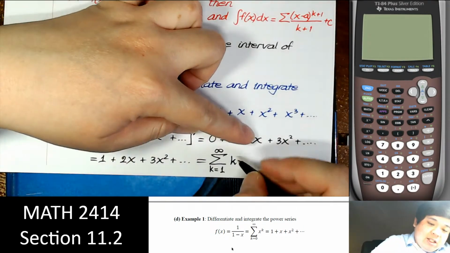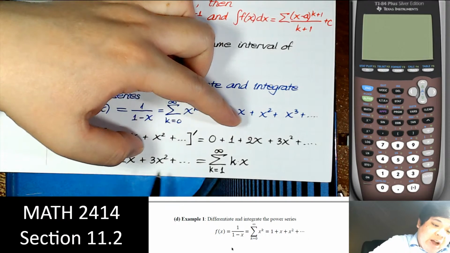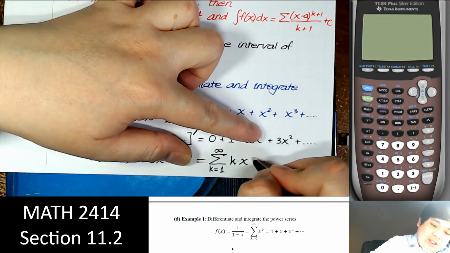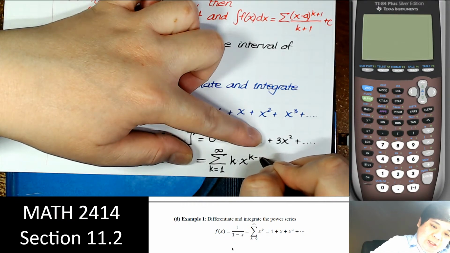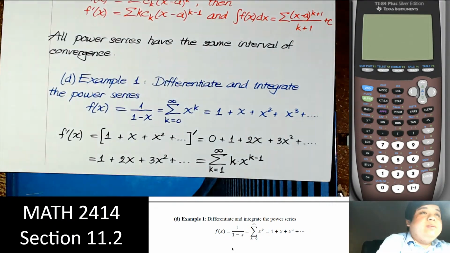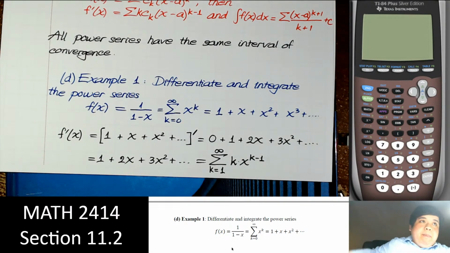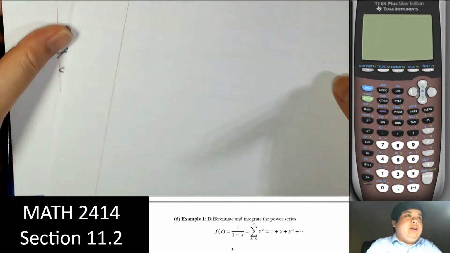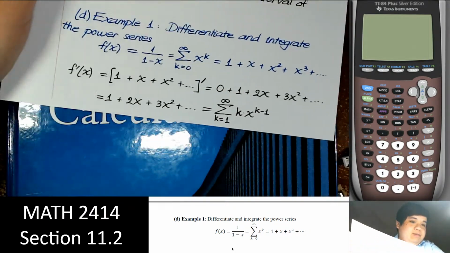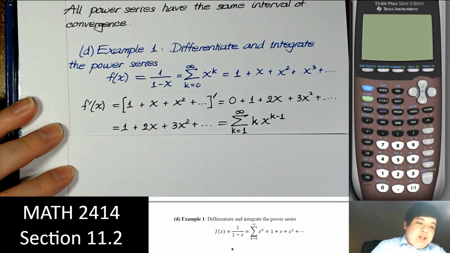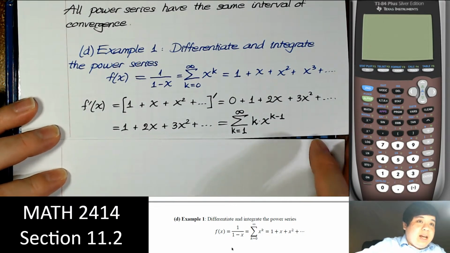And then we have x. The power of x though is 1 less than the coefficient. So yeah, that's what we have. And that's all we have. Right. So if we do term by term, that's what we have.